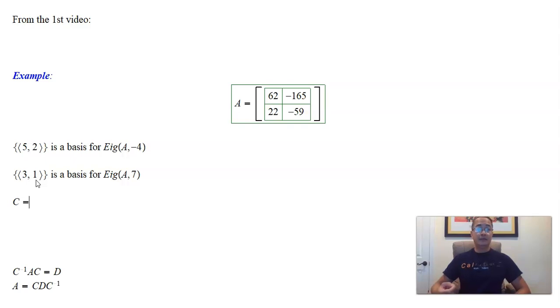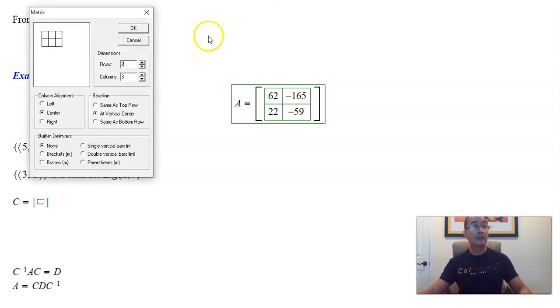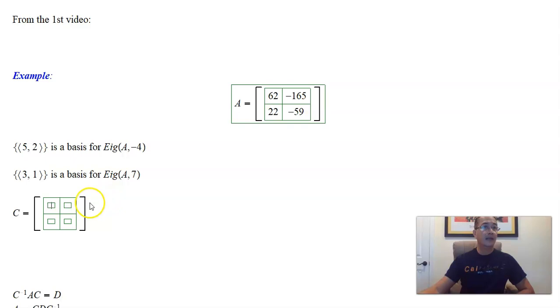Remember that a set of two vectors is independent if and only if the vectors are not parallel to each other. And they're clearly not parallel. The only way to get 2 there is to multiply this vector by 2, and we should get 6 instead of 5. So yep, they are not parallel. So we can go ahead and put our invertible matrix, and it's 2 by 2. Again, you want increasing eigenvalues, so we will put 5, 2 in the first column and 3, 1 in the second column.